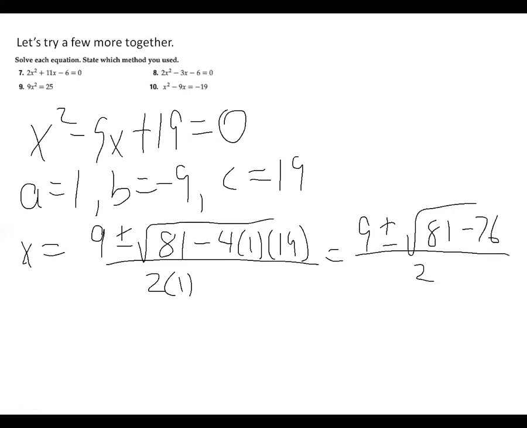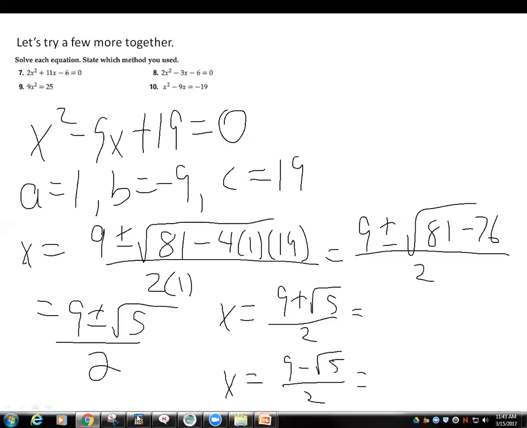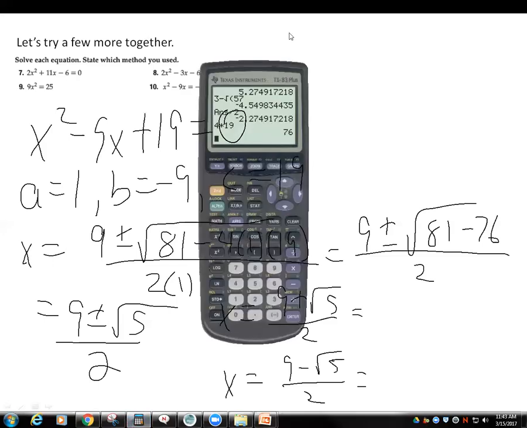So it's going to be 9 plus or minus the square root of 5 all over 2. So x equals 9 plus square root 5 over 2, and x equals 9 minus square root 5 over 2. So we can bust out the calculadora for this.